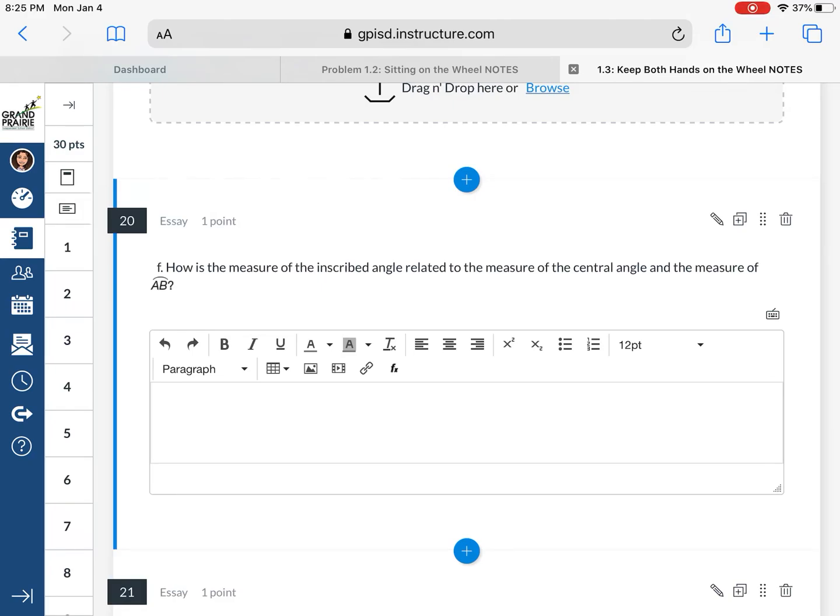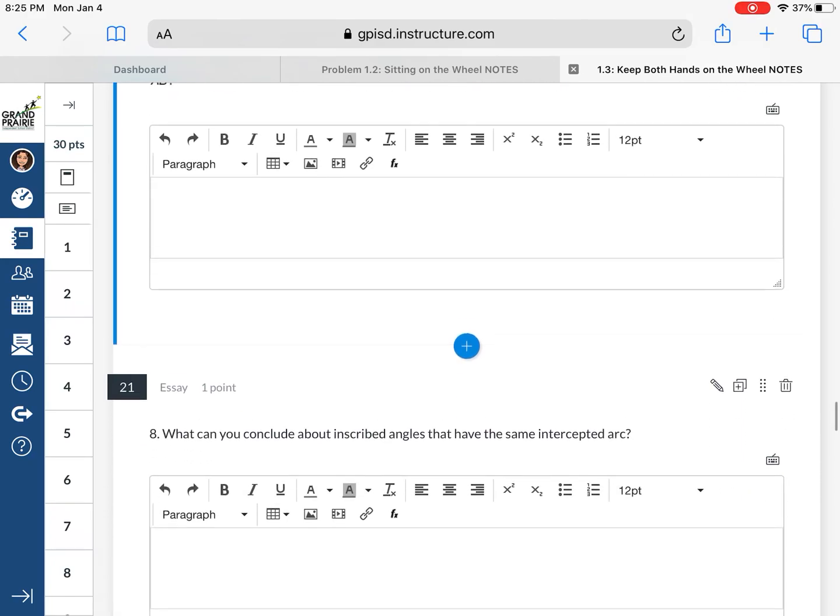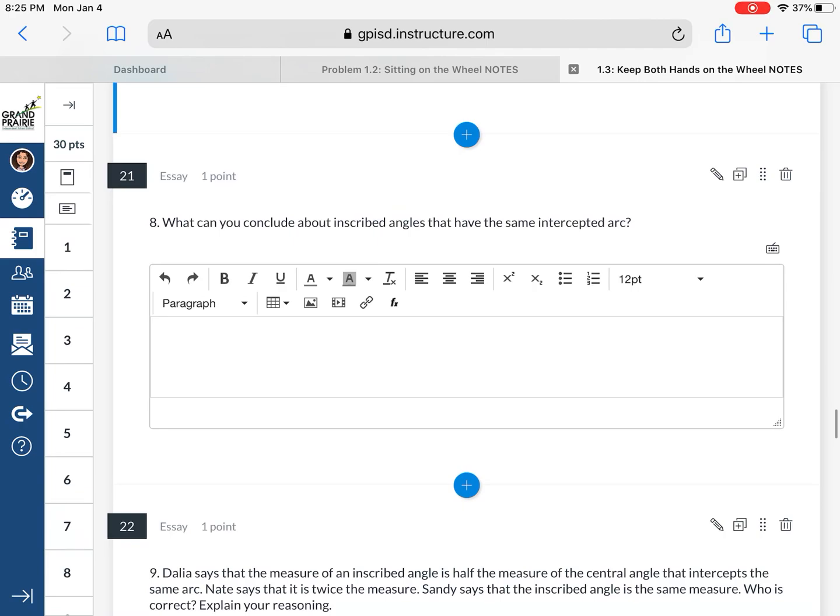Okay, how is the measure of this new inscribed angle related to the measure of the central angle and the measure of AB? Again, same question. How are these related? If you have already noticed, it's the same thing. They all intercept the same arc. So what do you think we can conclude about the inscribed angles that have the same intercepted arc?